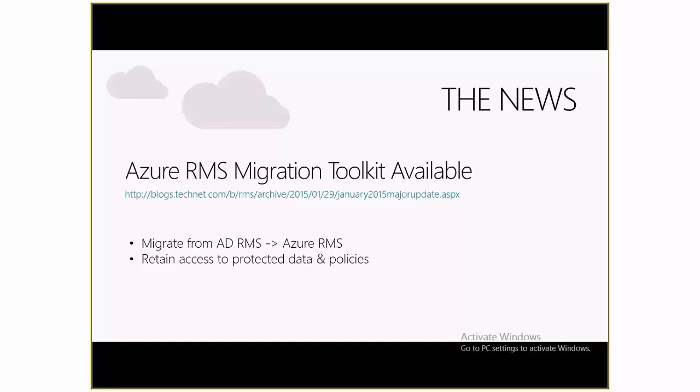RMS should be turning up in more customers because Microsoft's busy selling a group of plans called EMS, and the way that they're selling that's Azure AD Premium, Intune and RMS. Those are the three products that sit in that SKU. A number of companies are buying EMS, and as a consequence they're trying to work out what they're doing with Azure AD Premium, what they're doing with Intune and what to do with RMS.